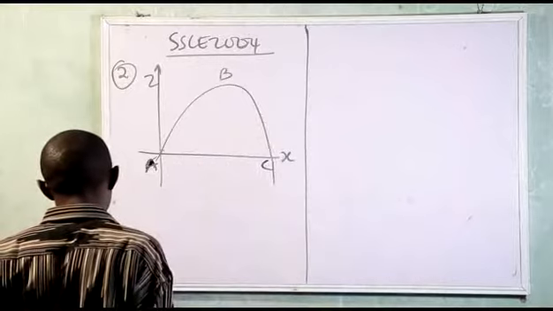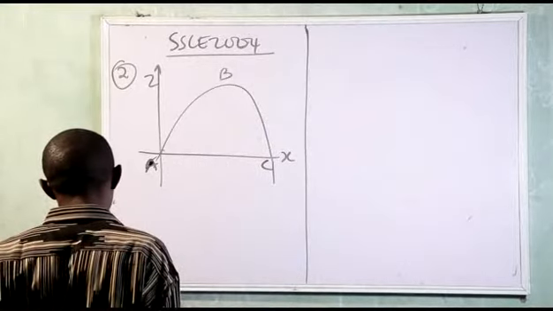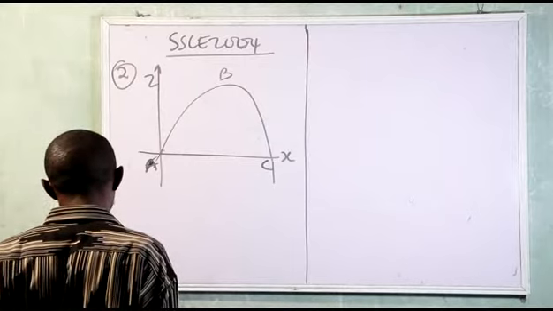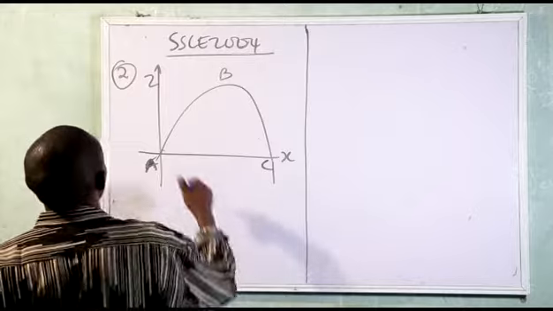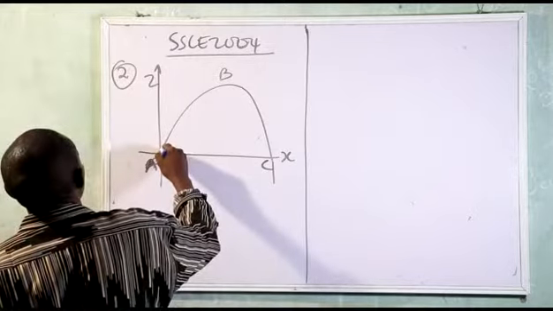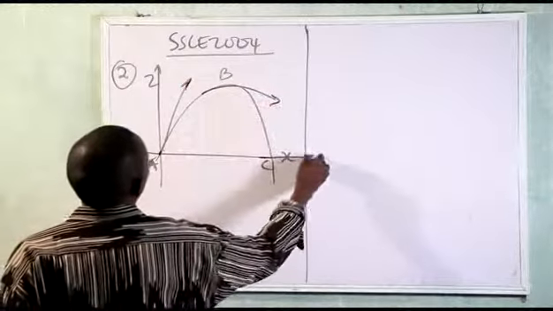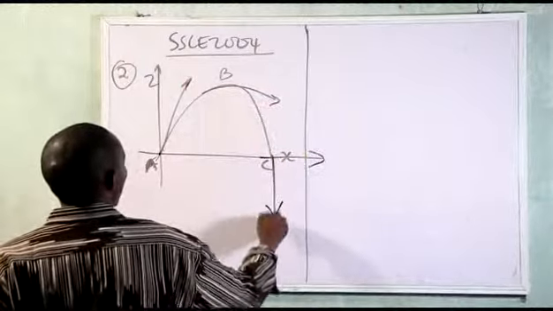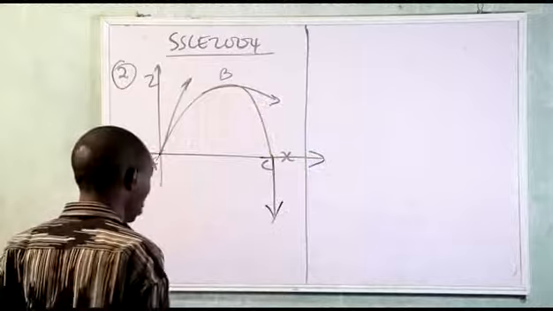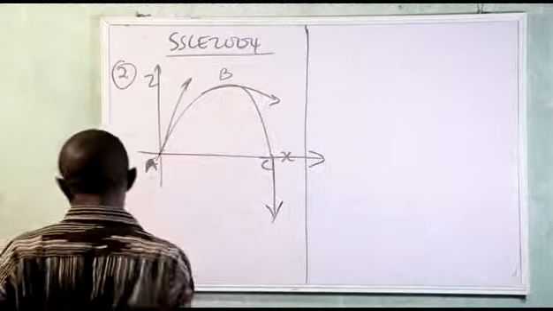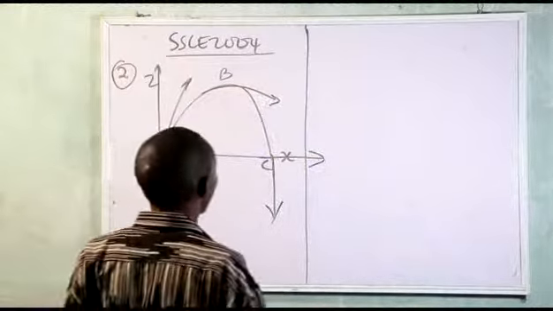Copy the diagram, using arrows to indicate the relative magnitude and direction of the vertical and horizontal components of the velocity of the bullet at points A, B, and C. That's all they want us to indicate, the directions.